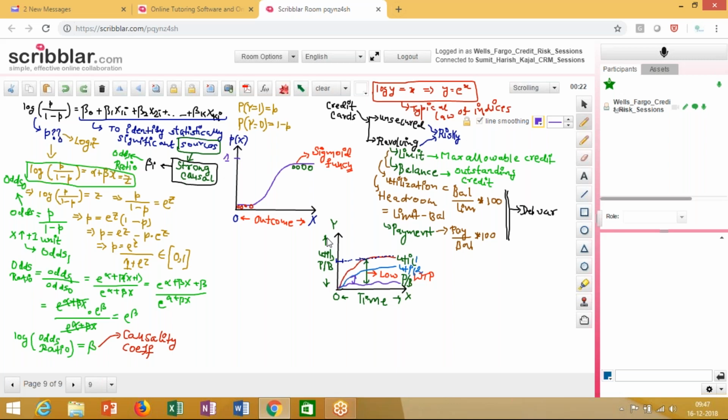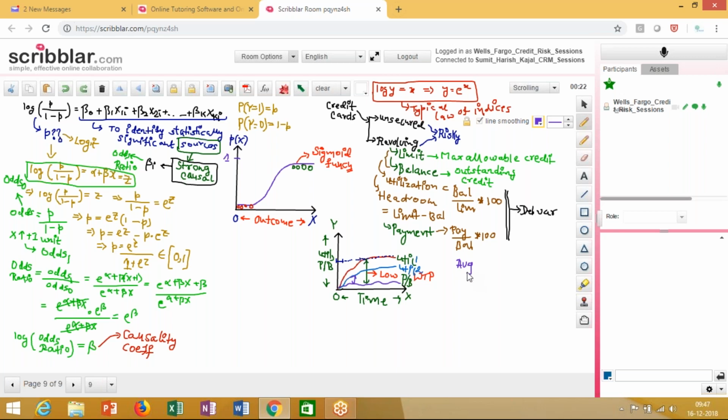A very important variation for utilization, or even for payment balance ratio, is the average utilization or payment balance ratio in the last 3 months.